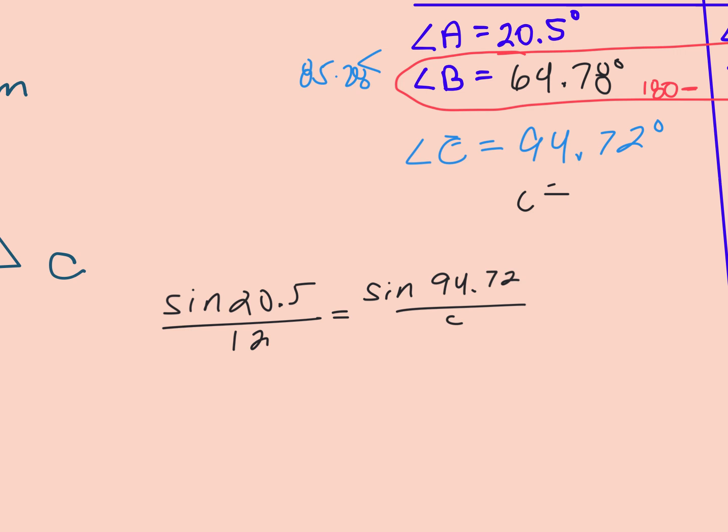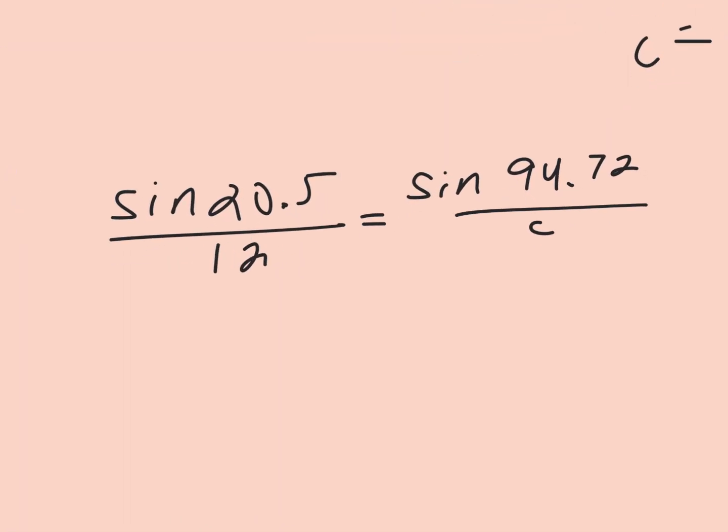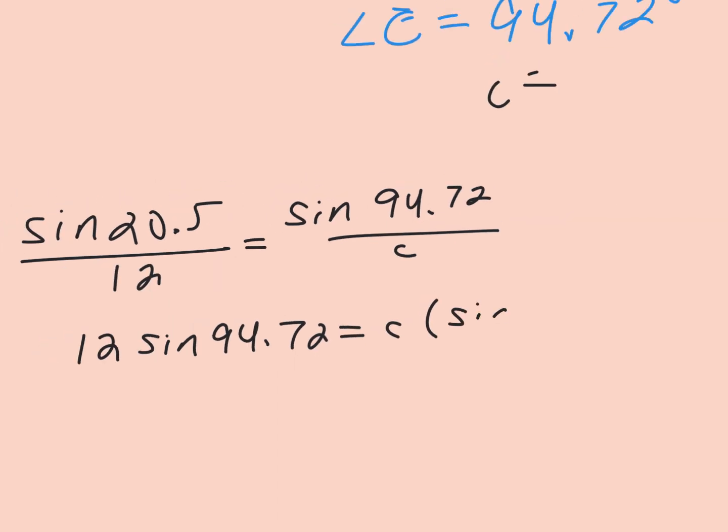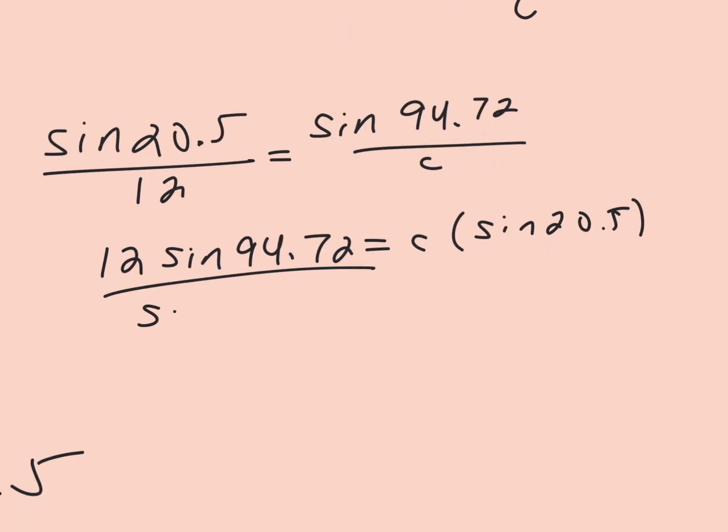How do you solve this proportion? Cross multiply, good. So 12 times the sine of 94.72 equals C times the sine of 20.5. And then do what? Divide by sine of 20.5. So in triangle 1, how long is C?